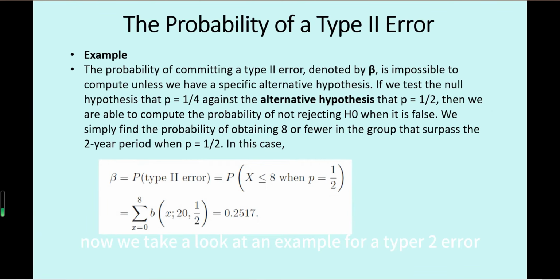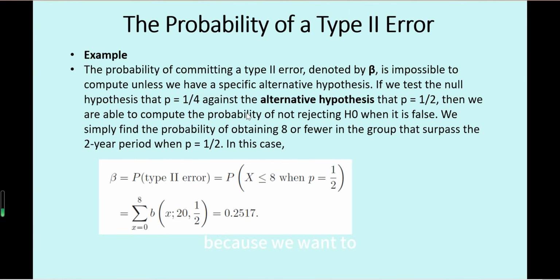Now we take a look at an example for a type 2 error. For the probability of committing a type 2 error, we know it as beta. The type 2 error usually uses beta in hypothesis testing. But it is impossible to compute beta based on H0 only. We must have an alternative hypothesis, then we can calculate the beta.